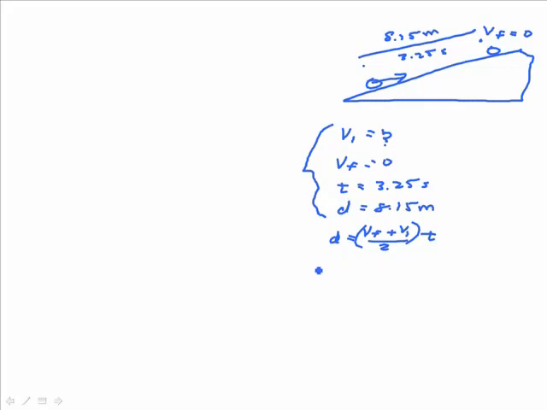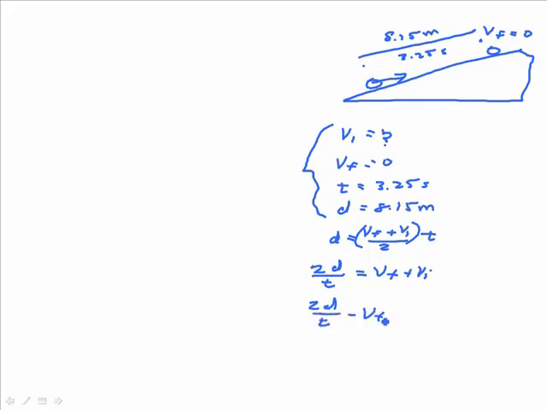So to do that, we go 2d over t. What I did was multiply both sides by 2, divide both sides by t, and I end up with Vf plus Vi. Then, to solve for Vi, I go 2d over t minus Vf.